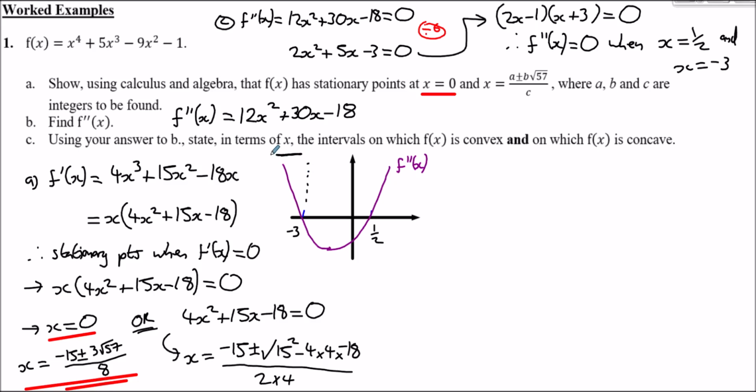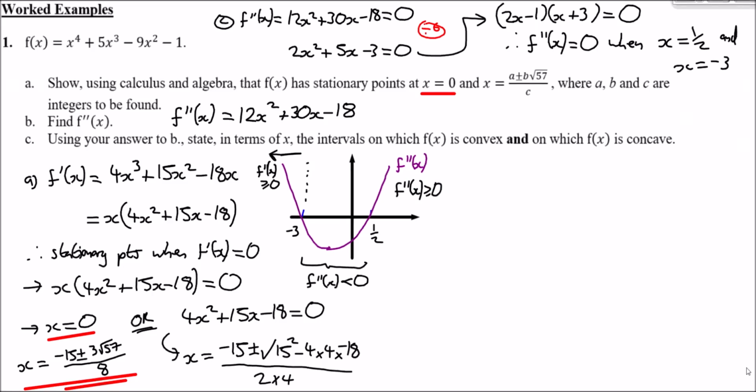So down this way, we've got that f double dashed x is positive. In between minus 3 and a half, we have that it's negative because underneath the x-axis. And a half or more, we can see that f double dashed of x is positive yet again.